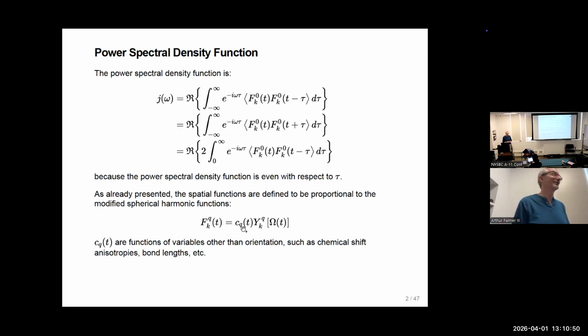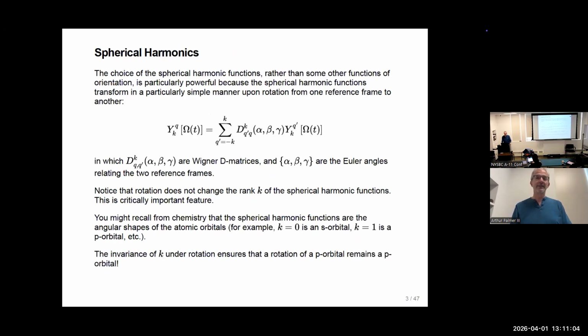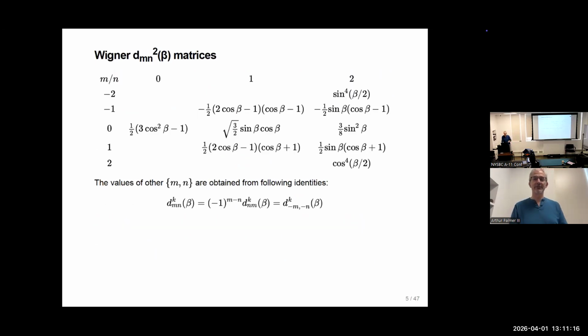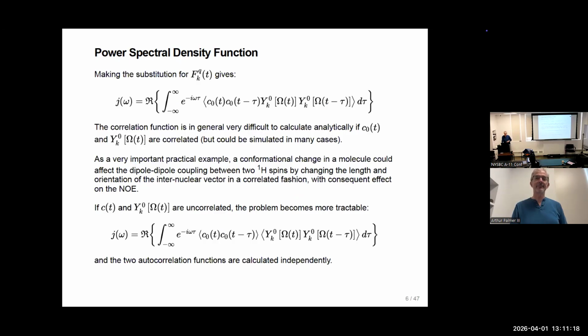I forget what Anne called it, but that'll be things like bond length, magnetic field strengths, chemical shift anisotropies, whatever's in the Hamiltonian that's not the rotation. And then, as you also know from Anne, we can do whatever frame transformations we need for the spherical harmonics using these Wigner D rotation matrices. I won't review any of that.